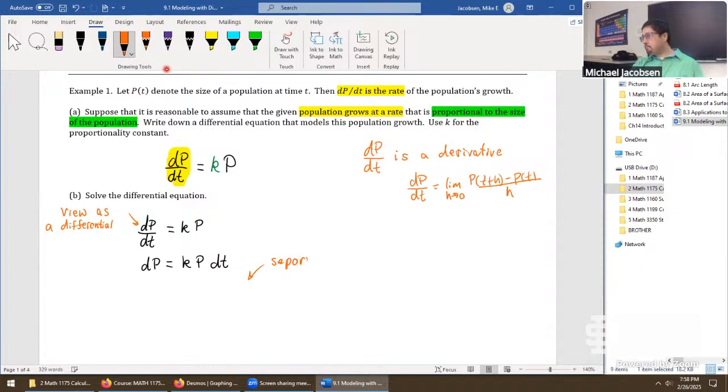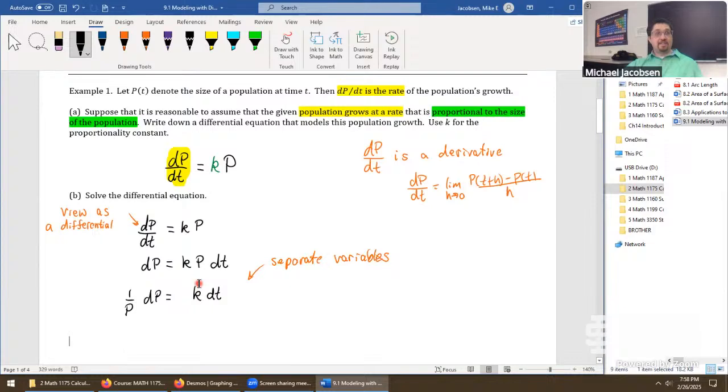Separate variables, and that's going to give us, keep dp right where it is, equals, divide out p on both sides, so 1 over p on the left, equals k on the right, and dt.